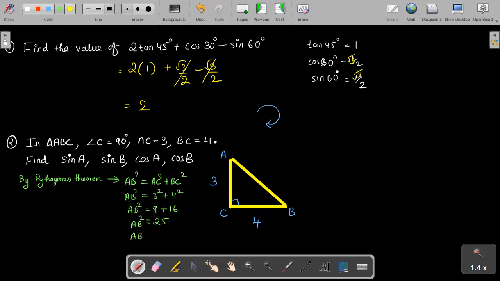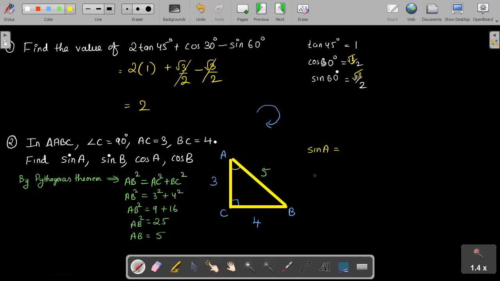Okay, ma'am. So AB square is 25, AB is 5. So that's correct. Now what you have to do is write the values for sine A according to the formula, you know, right? Sine A means you take the angle A, so it will be this side.